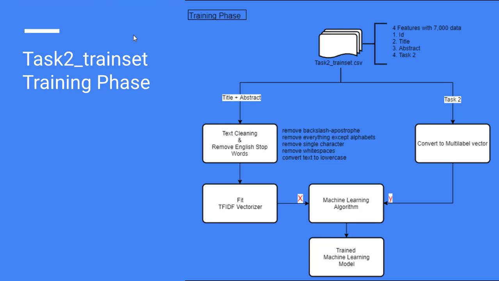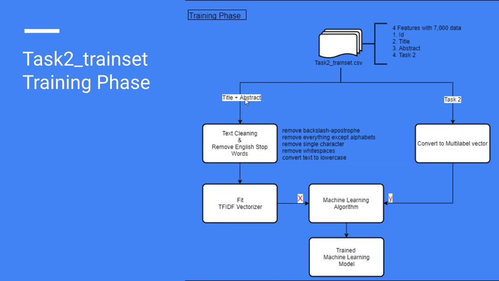So for the training phase, there are several steps. The first step is I choose the features, or feature selection. For the features, I choose the title and also the abstract, and for the target or label, I choose the task 2 categories.